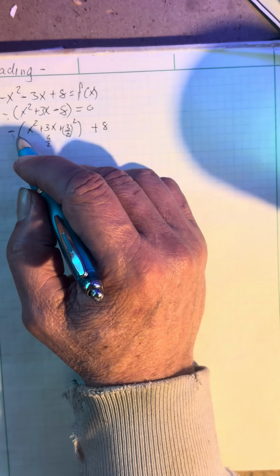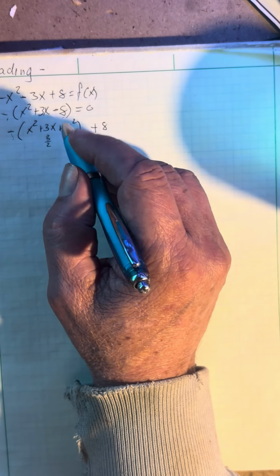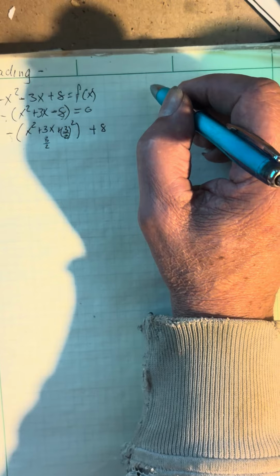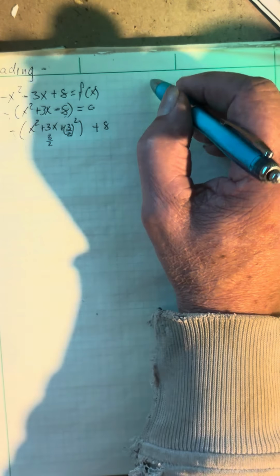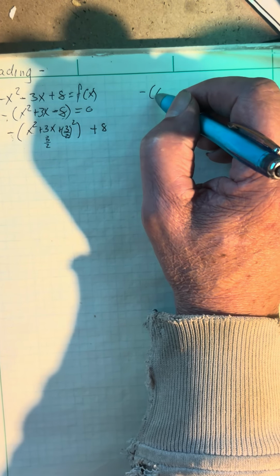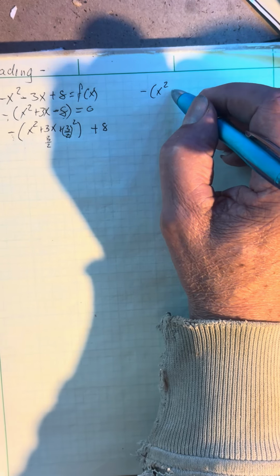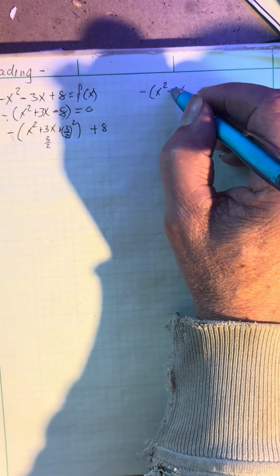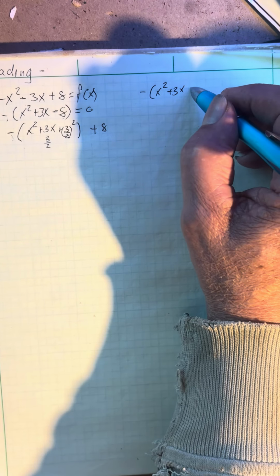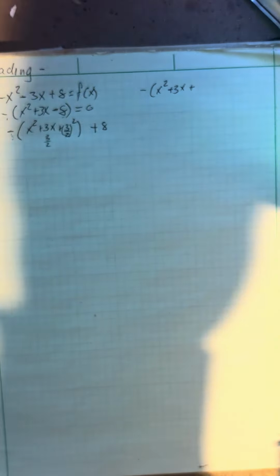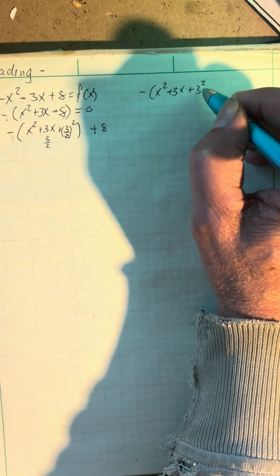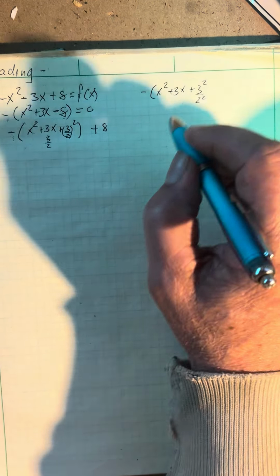That means that, if you add it here, let's rewrite this: we have 3x plus, and we just added this 3 halves squared.